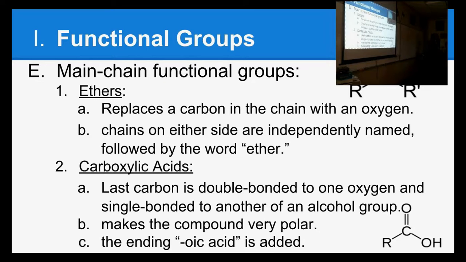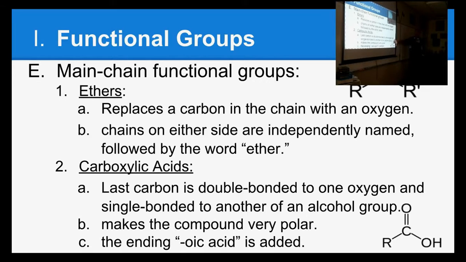And these are very common in organic molecules. Lots of the things that wind up being categorized as fat, lipids, oils, waxes, they're carboxylic acids. Okay, even a lot of sugars are carboxylic acids. So it's a double bonded oxygen and an alcohol group.